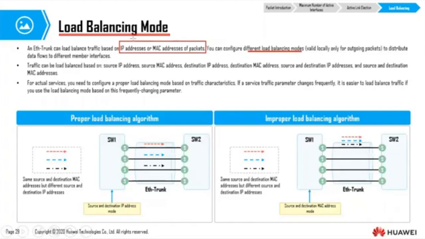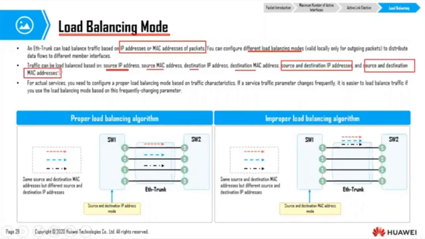So do you want to filter based on IP addresses or based on MAC addresses? Traffic can be load balanced based on the source IP, source MAC address, destination IP, or destination MAC address. Or you combine them, source and destination IP address, source and destination MAC address.